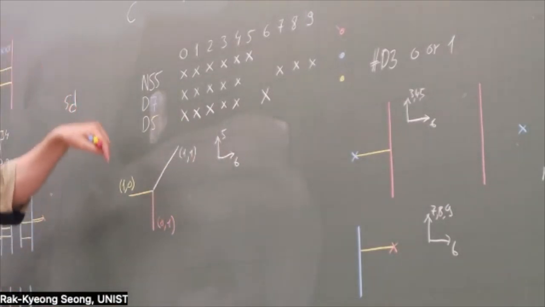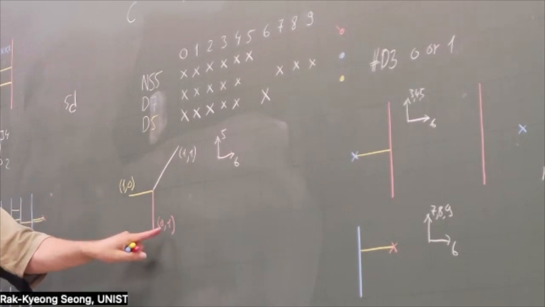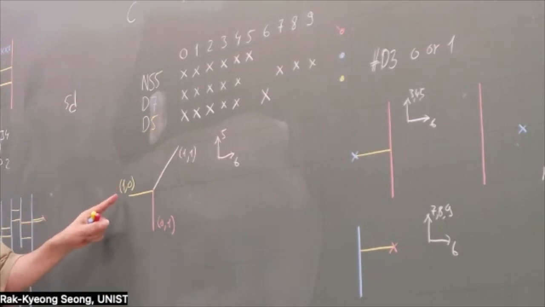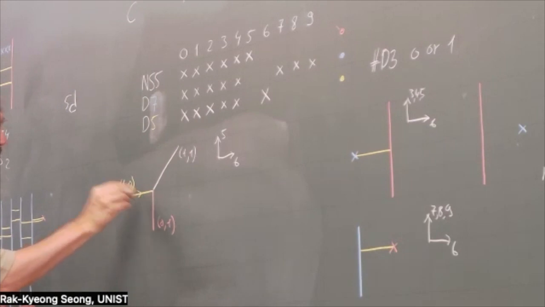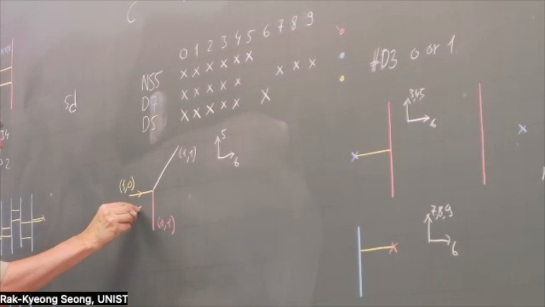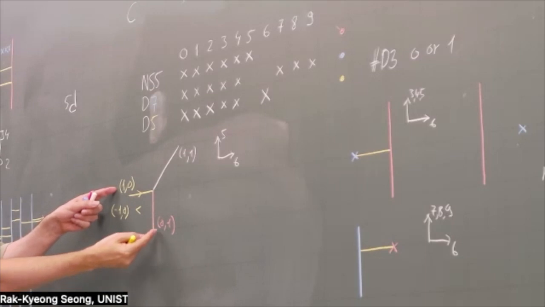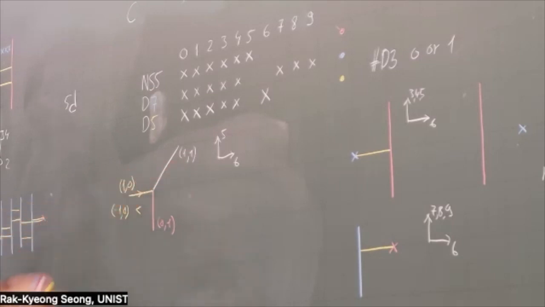Okay, so this goes vertical, so I put 0, 1. This goes horizontal, I put 1, 0. I could also give an orientation. I could say that it orients in this way as 1, 0, or I can say it orients in the opposite way, but then I will write it as -1, 0. So the orientation reverses the sign. Now, if I add those two together, 0, 1 and 1, 0, I'll get 1, 1.